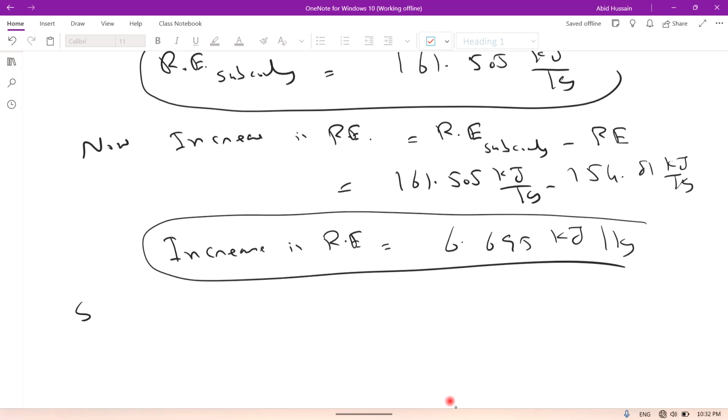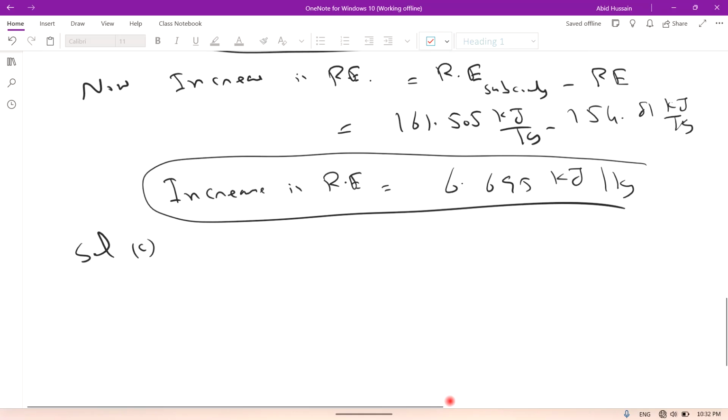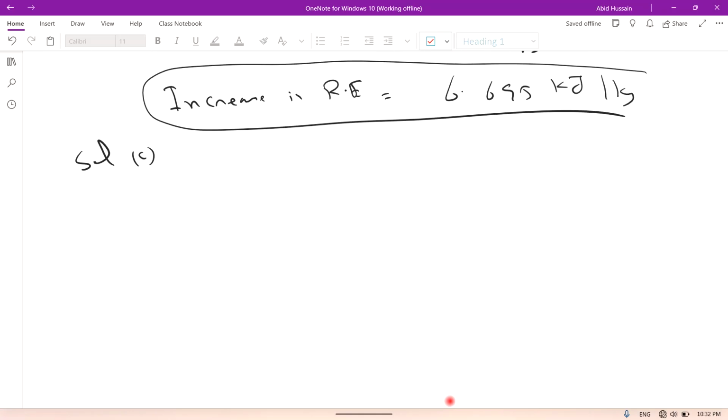Now we solve part C. At part C, the evaporator pressure has dropped to P1 equal to 4.072 bar, or 0.4072 megapascal. So convert megapascal into bar.